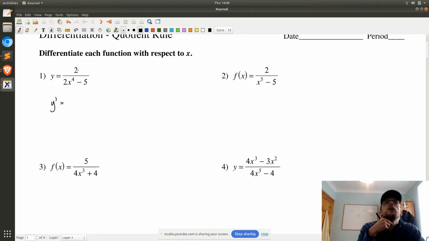No. The bottom times the derivative of the top minus the derivative of the bottom times the top. That's quite musical. I like that. Okay, so the first term goes to nothing. So minus the derivative of the bottom times the top.